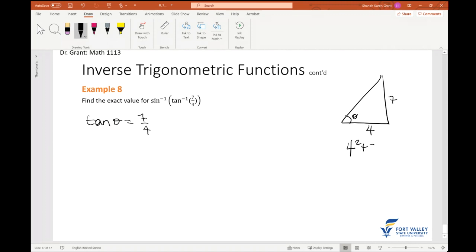And so now I need to figure out, what is my hypotenuse? So I have 4 squared plus 7 squared equals c squared. So that's 16 plus 49. If we work this out, this is 65 equals c squared. Take the square root. The square root of 65 equals c.